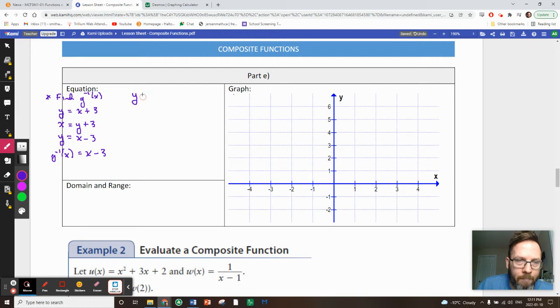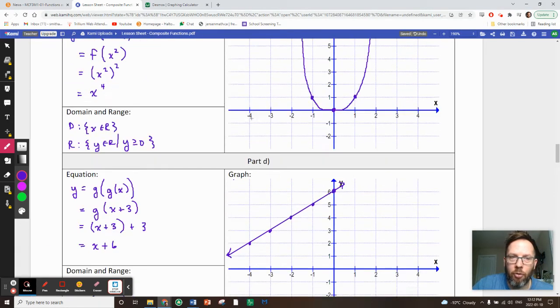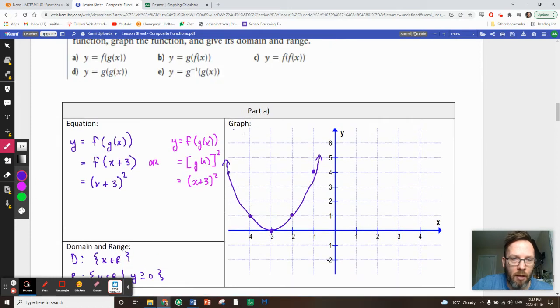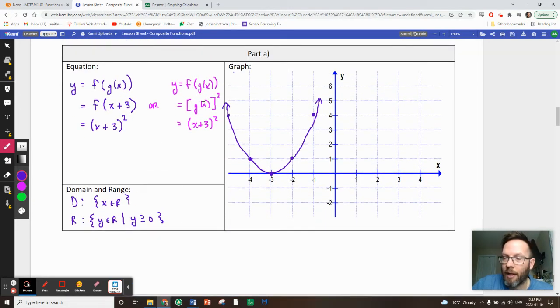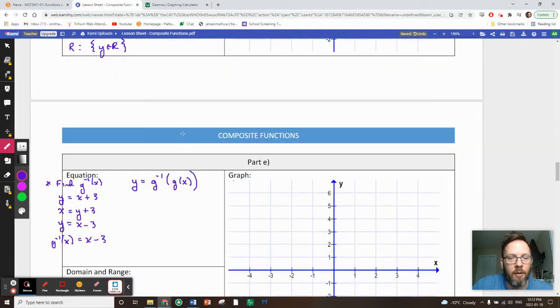So we're doing the inverse, and we're plugging in g of x. Now, I'm going to do this one like the previous three. In the first one, I showed you guys two different ways of thinking about it. And in this one, I'm going to focus on doing the second way, just to give you a variety and a mixture of experiences, and you can choose the method you want to use.